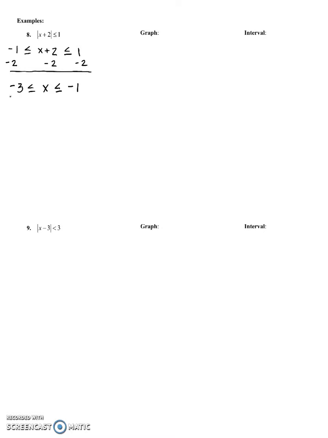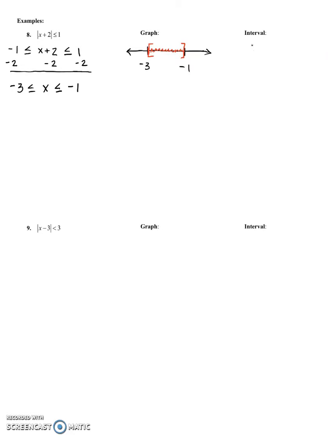So my x is confined between -3 and -1. On my graph, I'll put a -3, I'll put a -1, and we use square brackets because it was less than or equal to, and we shade everything in between.